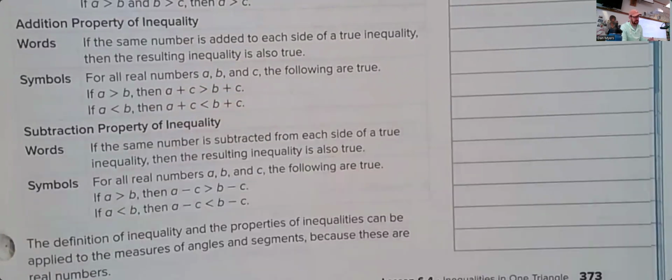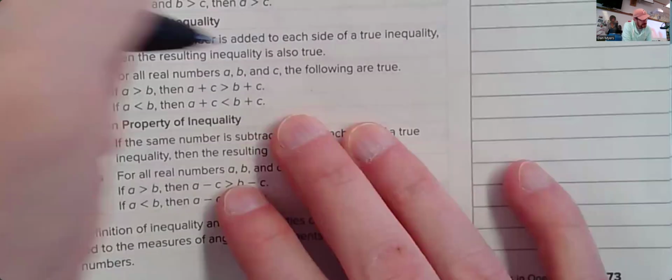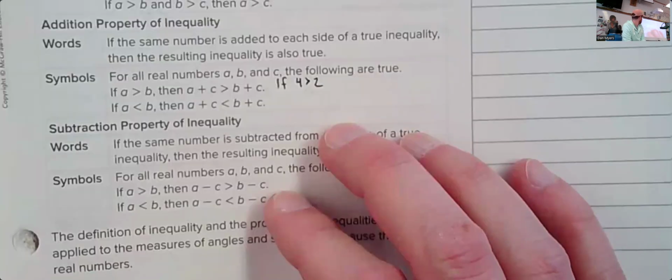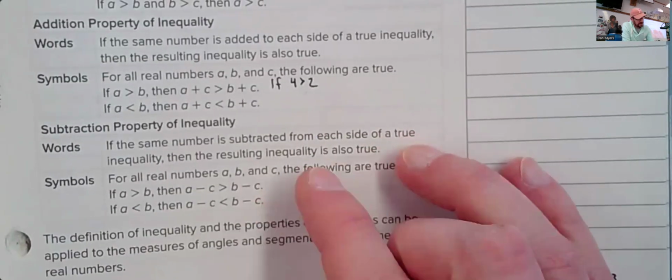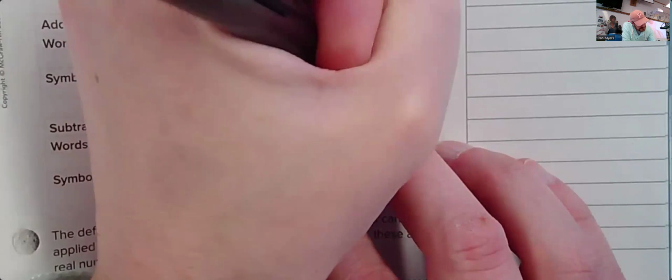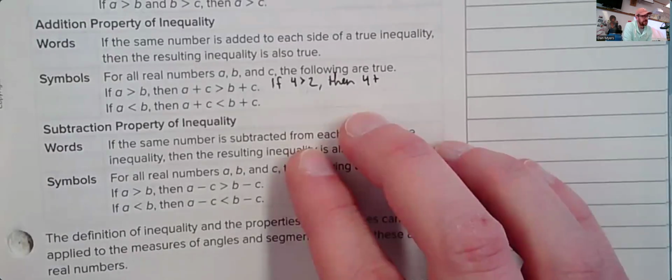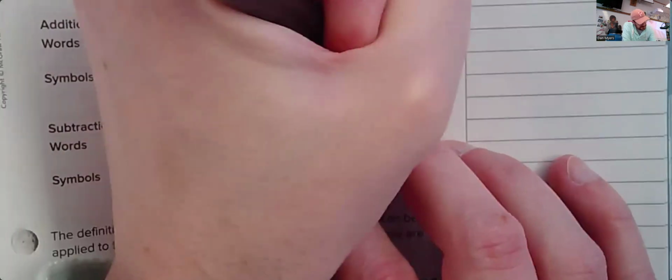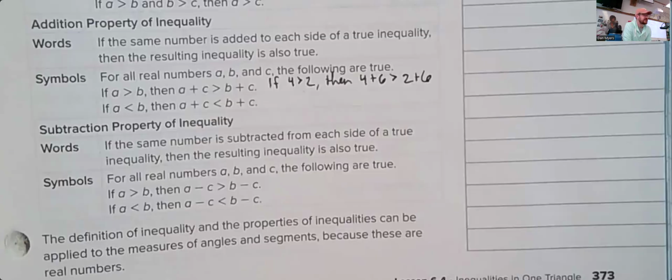Like, let's say, I'll just use 2 and 4 again. If 4 is greater than 2, which it is, then let's say 4 plus, give me a number that isn't 4 or 2. 6. 4 plus 6 is greater than 2 plus 6, right?